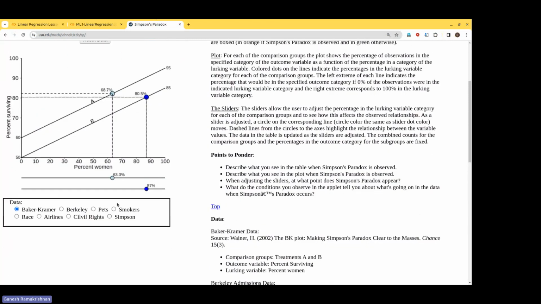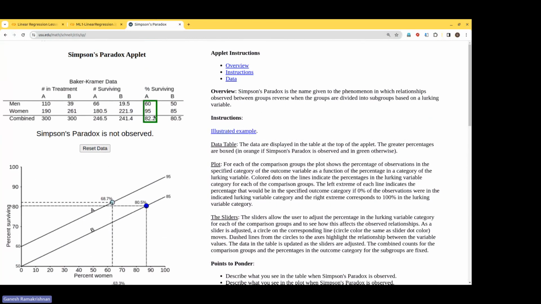If I change the policy, what has happened? I have some underlying policy based on which I assign. Now both for men and women A is better, and overall A is also better. So the paradox is not there.